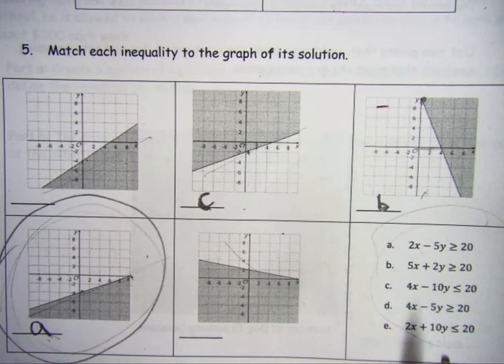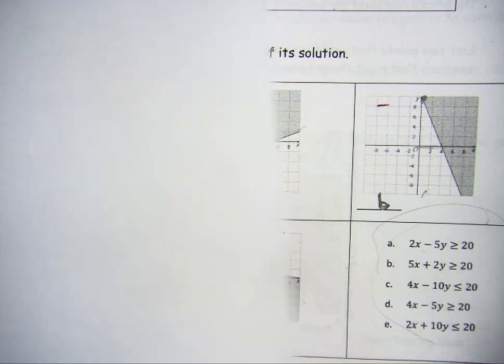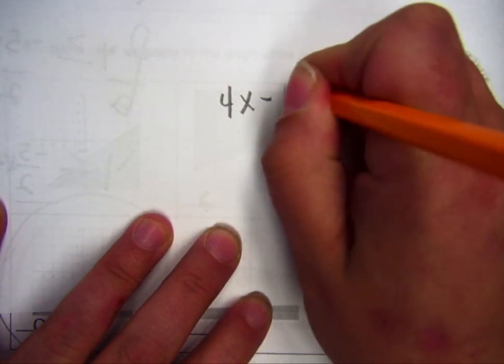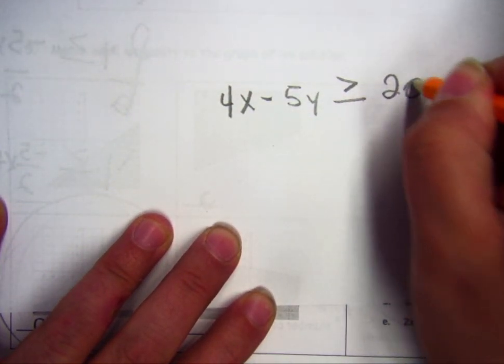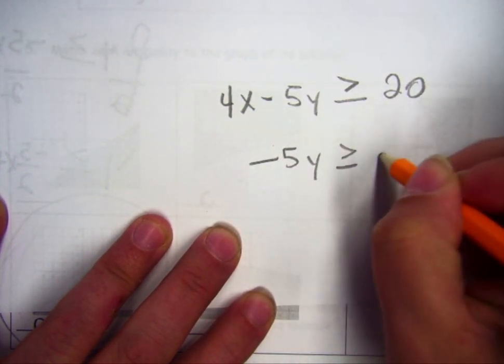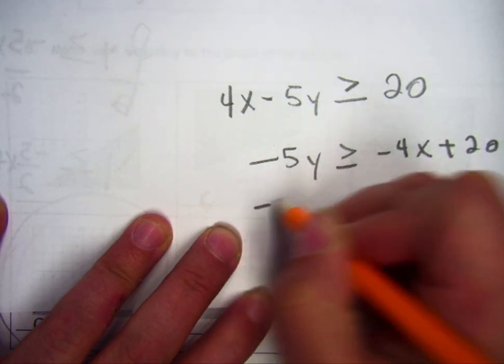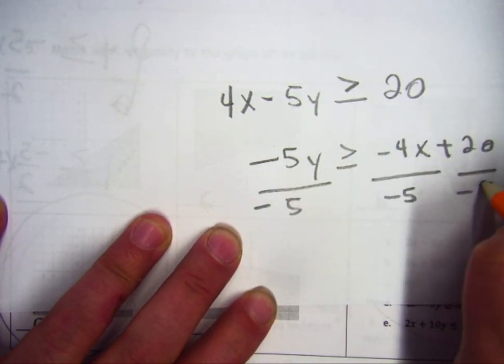So now we have D, 4x minus 5y is greater than or equal to 20. So negative 5y is greater than or equal to negative 4x plus 20. Divide by negative 5 on each side.